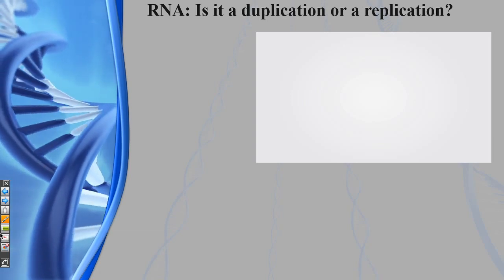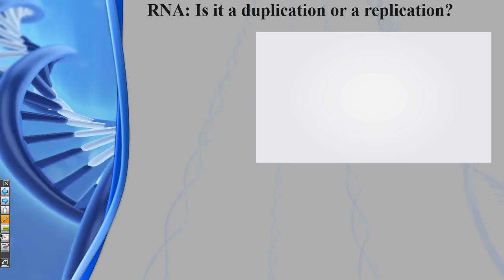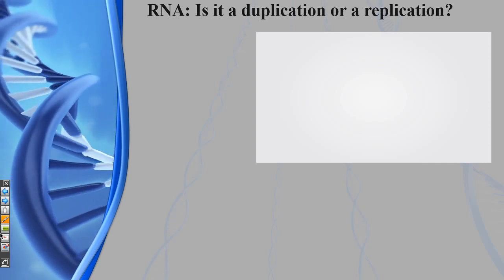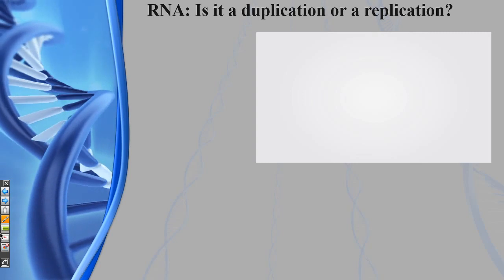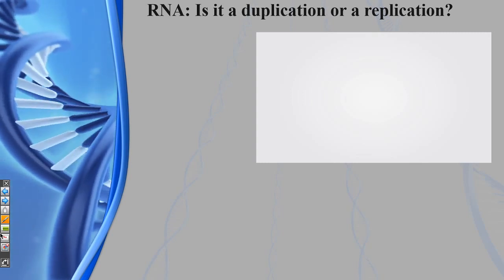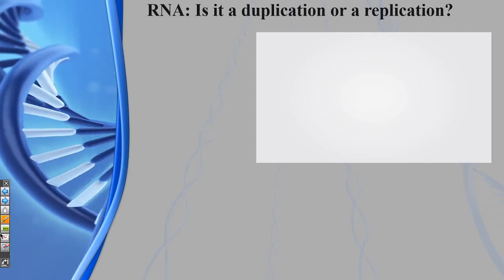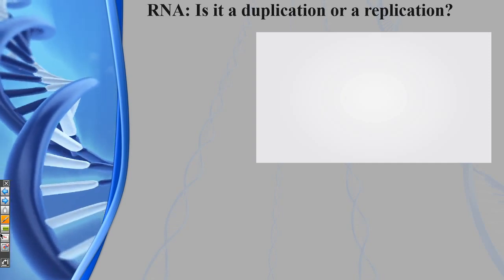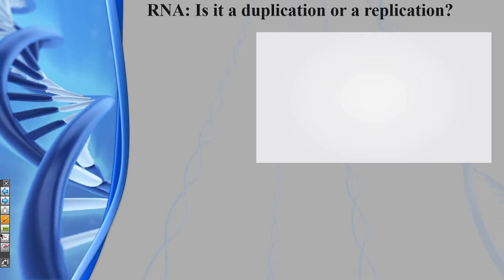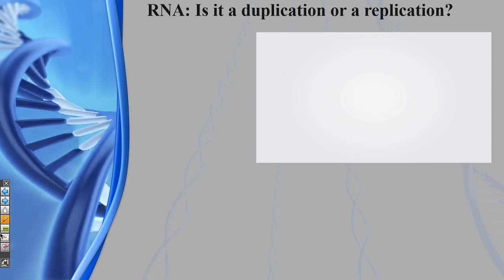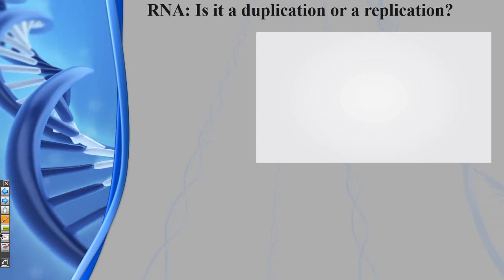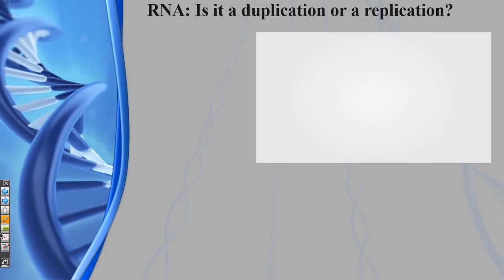A duplication is making an exact copy of an existing object, and a replication is making many copies of the same object, like when a car is made on an assembly line.